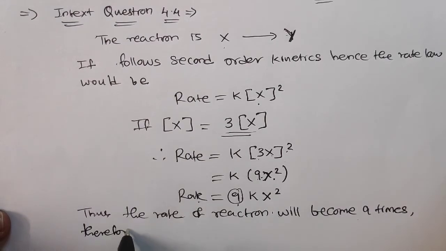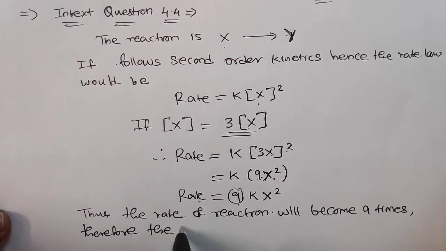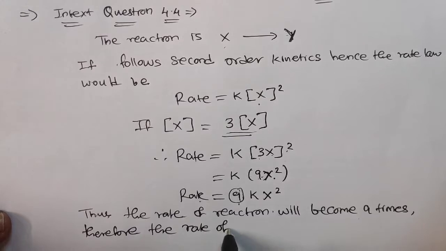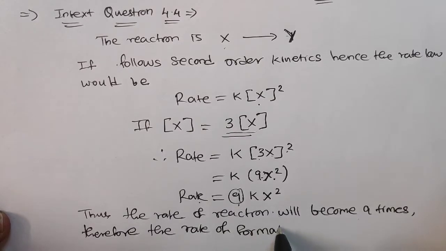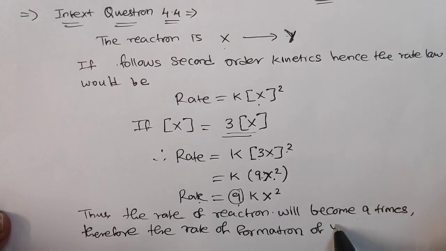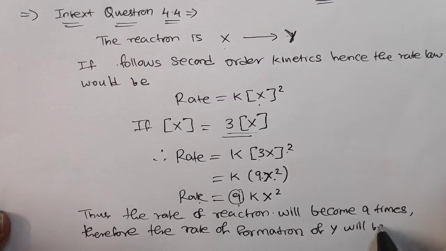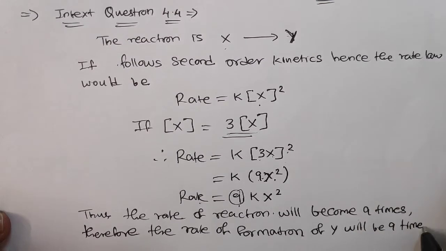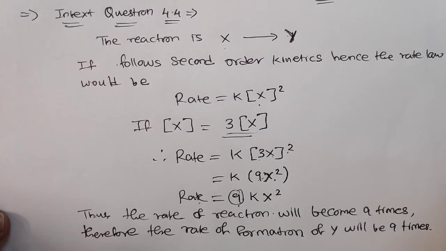Therefore the rate of formation of Y will be 9 times. Understood? So this was in-text question number 4.4.